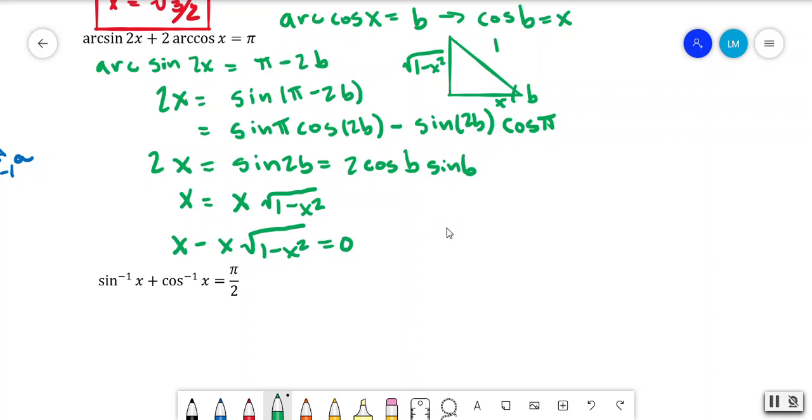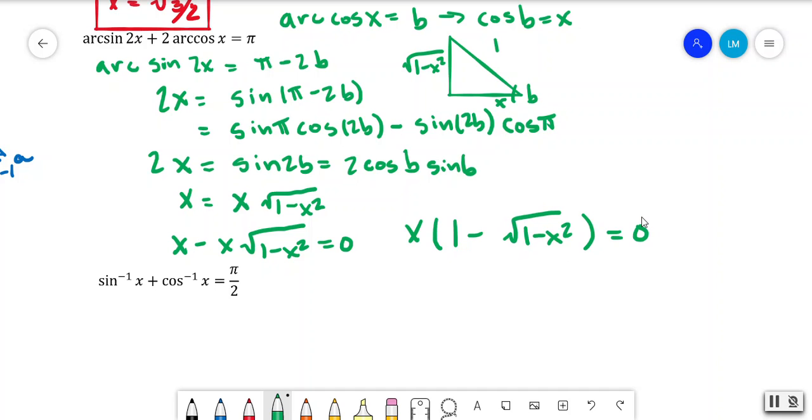Now from here, basically, if you were to reduce this equation or rewrite it, you have x times 1 minus the square root of 1 minus x squared equals 0.